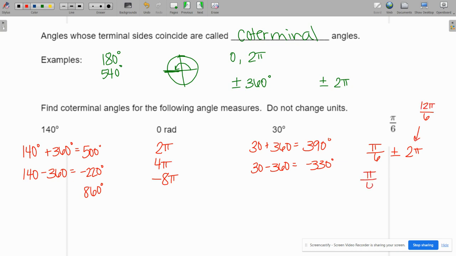So if I'm doing pi over 6 and I want to add or subtract 2 pi, it's like adding or subtracting 12 pi over 6. So pi over 6 plus 12 pi over 6, we would know that 13 pi over 6 could be an answer. Or if I did pi over 6 minus 12 pi over 6, that would be a negative 11 pi over 6, and that would be another coterminal angle.